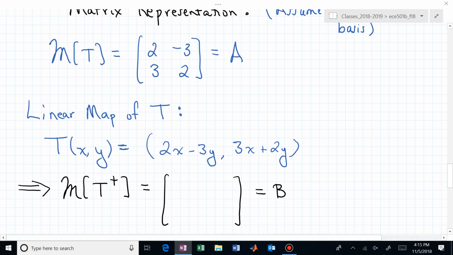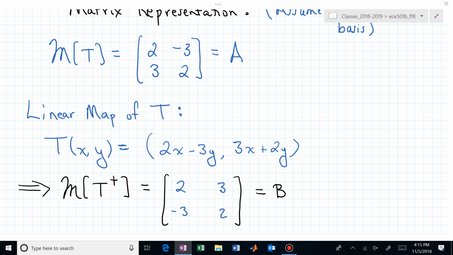Now, what's the matrix representation of T dagger? I already gave that away, didn't I? That's the conjugate transpose of A. And here we don't have any imaginary component, so it's just the transpose. And now we have 2, 3, minus 3, 2 for the matrix representation of T dagger.